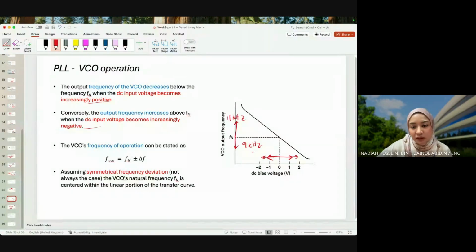So obviously the frequency increase and decrease are not the same for the voltage increase and decrease. So that is not symmetrical. Symmetrical means the rate is the same, the change is the same. So this equation is assuming symmetrical frequency deviation, which is not always the case, but we can assume it, ideally.